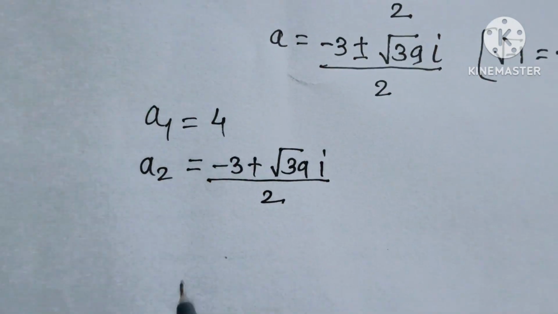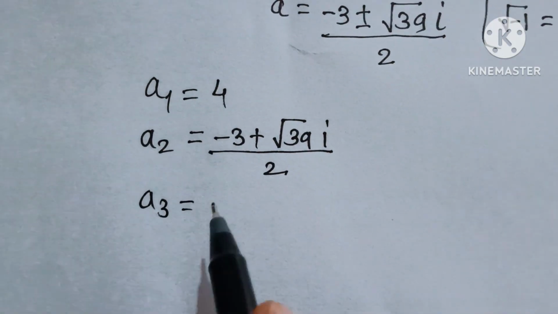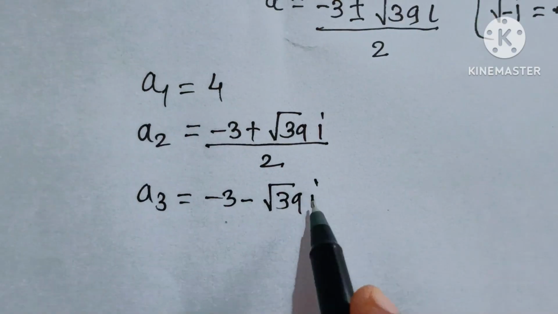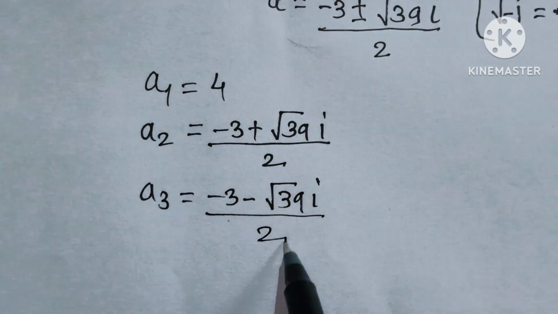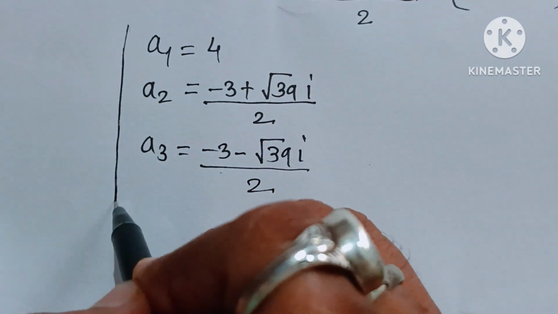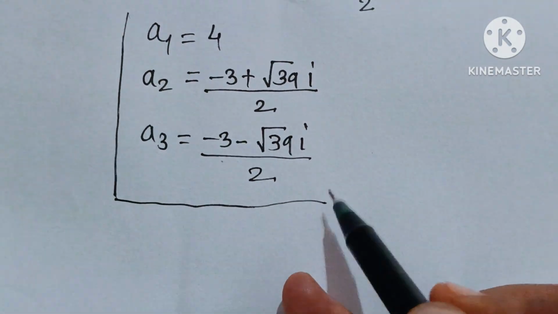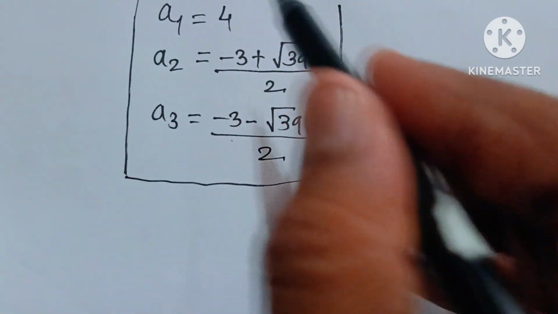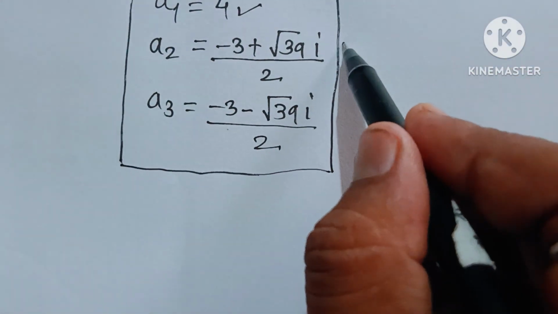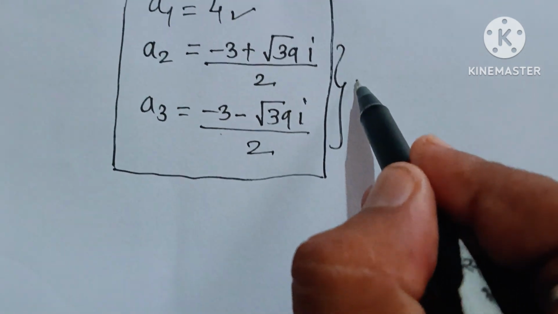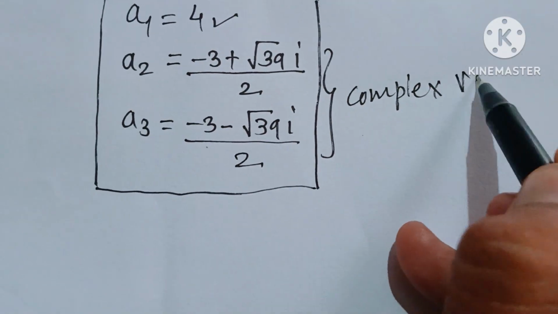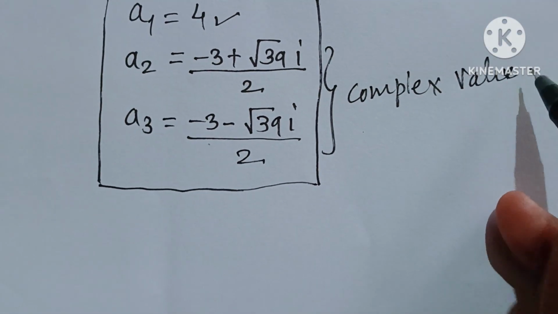Then the third value of a, a3 = (−3 − √39 i) / 2. Now these are the three values of a. This is the real value, and these two are the complex values of a.